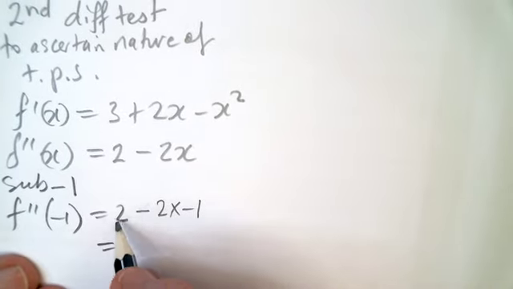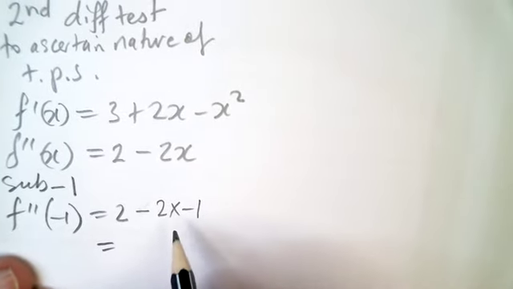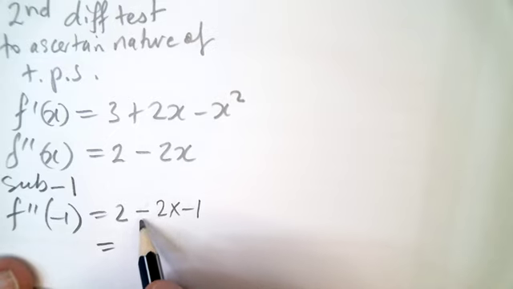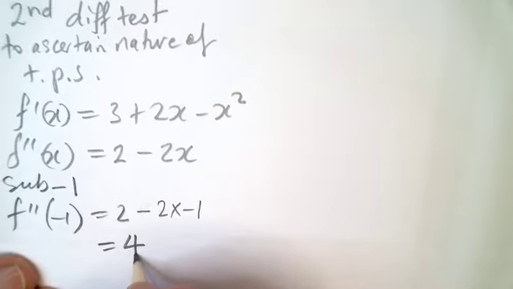Now, 2 minus, what have we got here? Negative 2 times negative 1 is going to be positive 2. And 2 and positive 2 is going to equal 4.